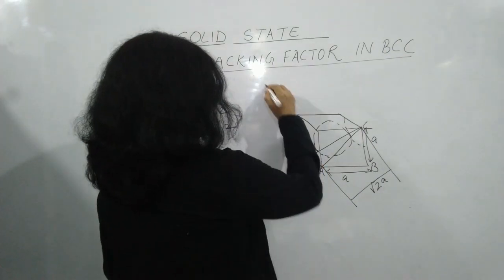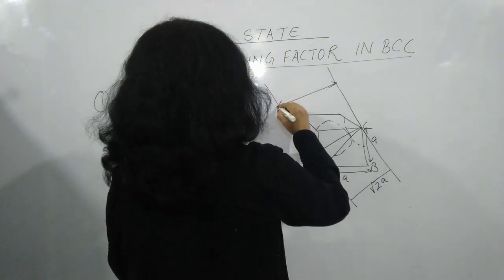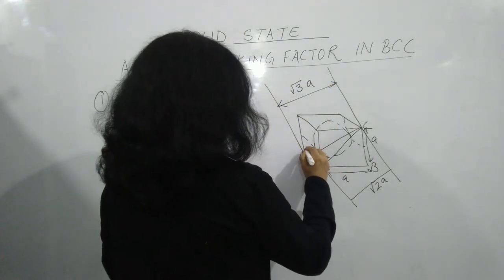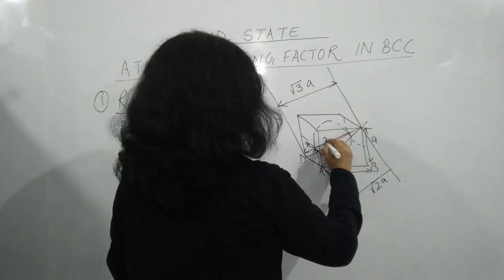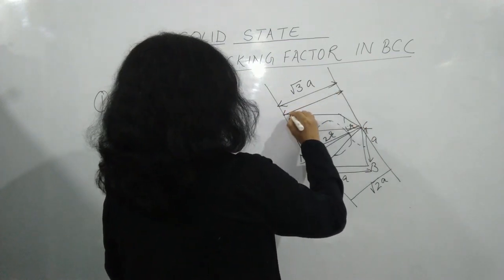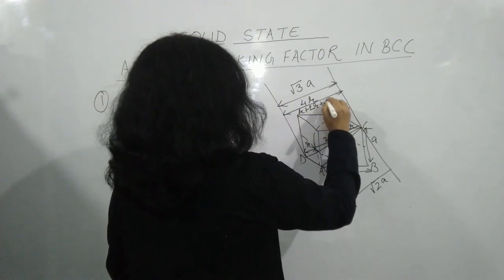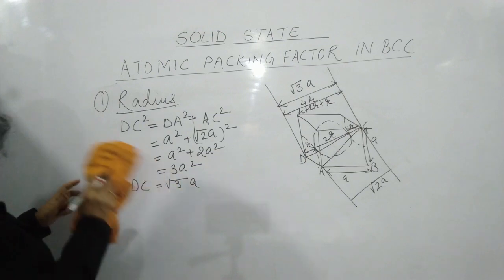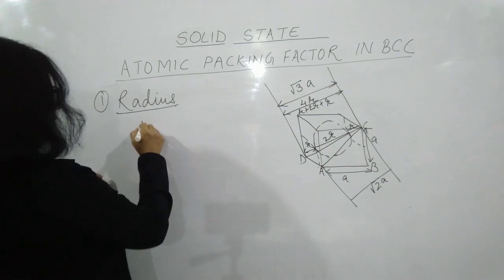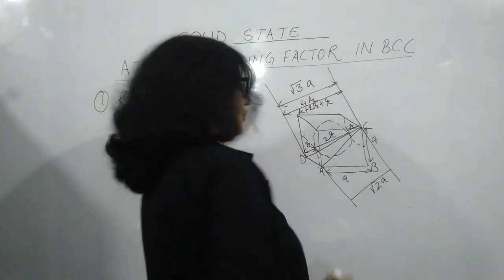This distance we have root 3A. Moreover, this is R. This distance is 2R, this is R. So this is coming your 4R, that is R plus 2R plus R. We can see here this root 3A equal to 4R.